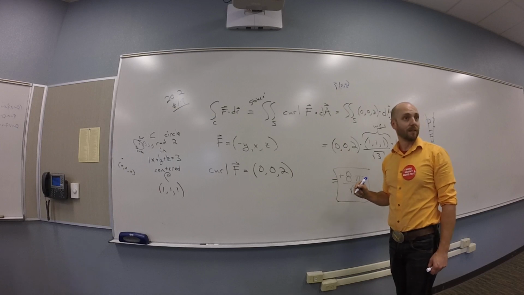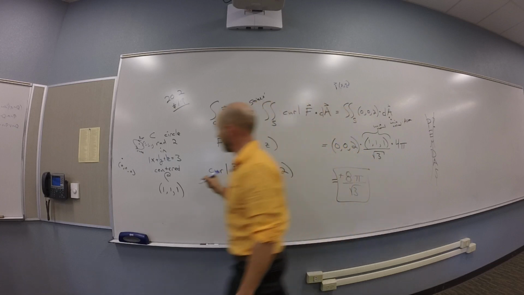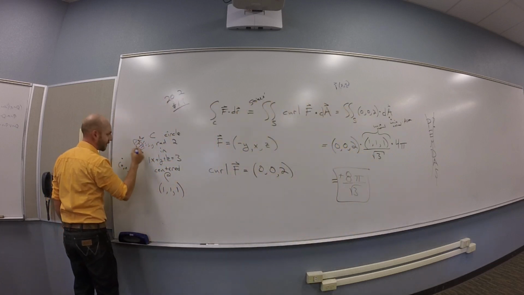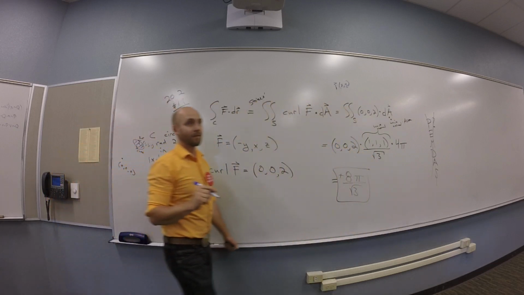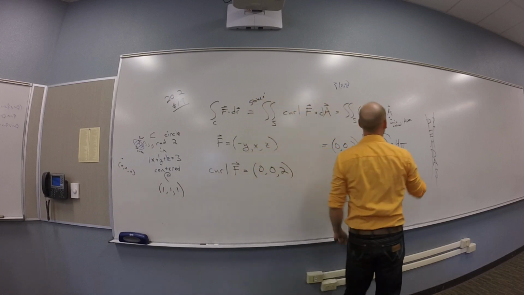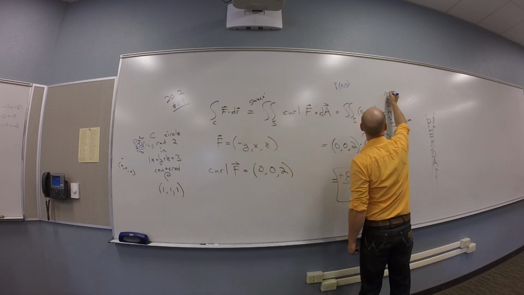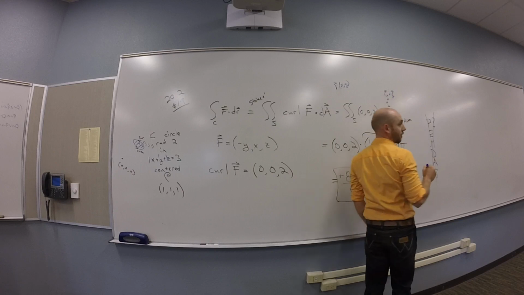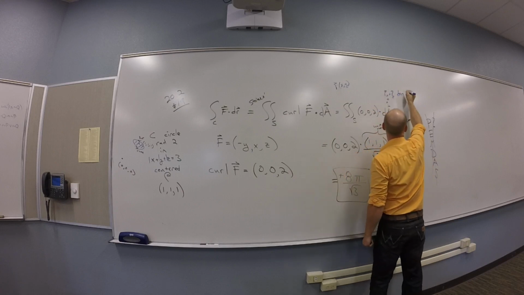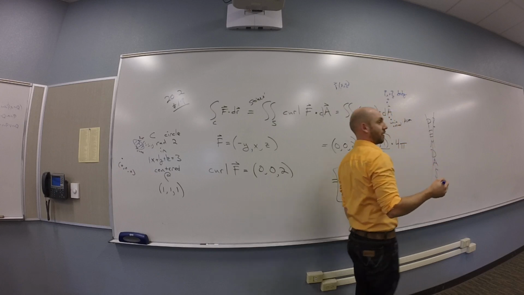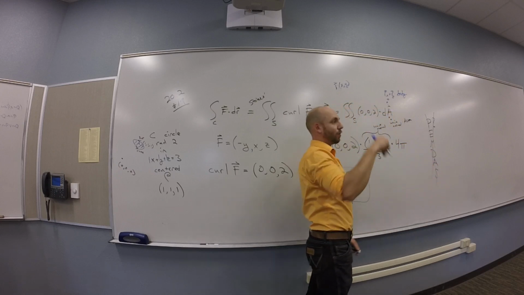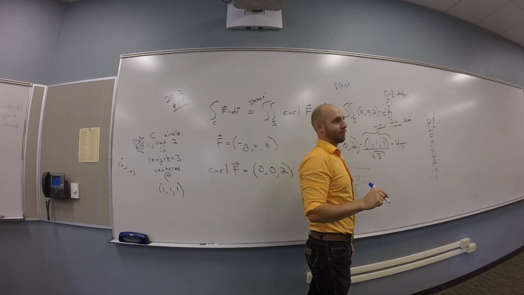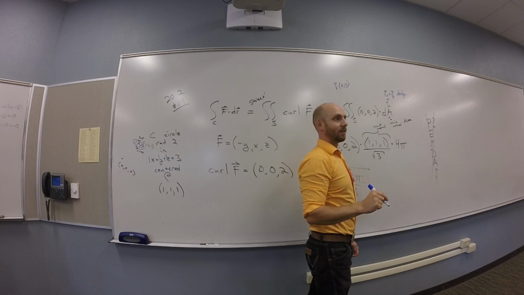You guys see that? That would be this disk in here. We'd come up with an R of x and y, and then my dA would be Rx crossed with Ry, dx, dy, right? And we'd need to put some bounds on this sucker, and it would probably suck a lot.